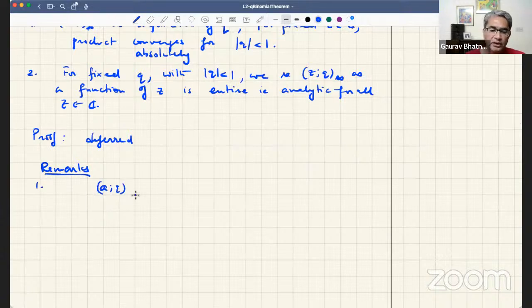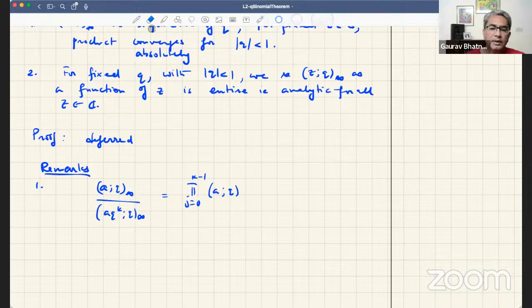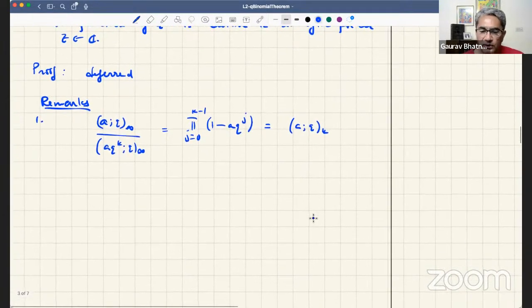If you take (a;q) infinity and divide by (aq^k;q) infinity, then you can cancel various terms and get the product of 1 minus aq to the j, and that's (a;q)_k. So the q rising factorial with finite k, you can look at as a ratio of two products.